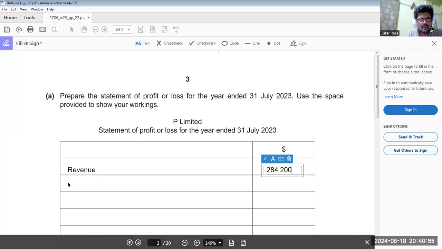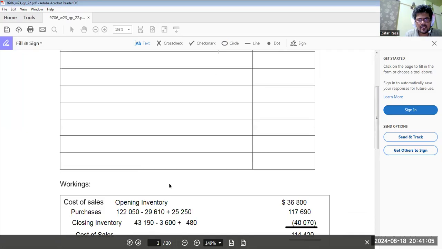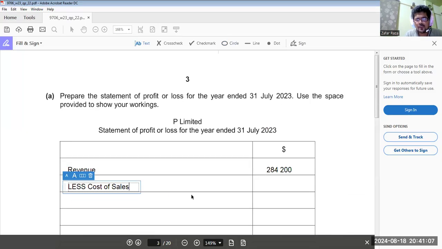Now, less cost of sales. Cost of sales we have already calculated here: 114,420. It should be in bracket. And we'll get the gross profit.